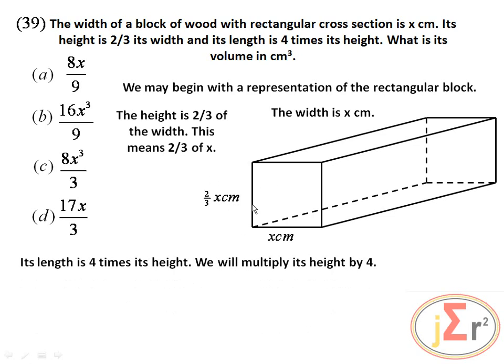Some students, misinterpreting the problem or not keeping the information correctly in their minds, will write the length is 4 times the width. It's actually 4 times the height. So we will multiply its height by 4.